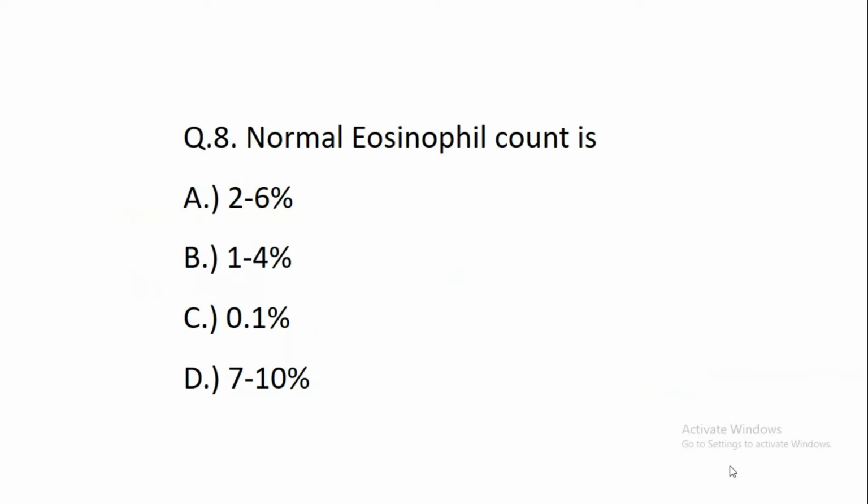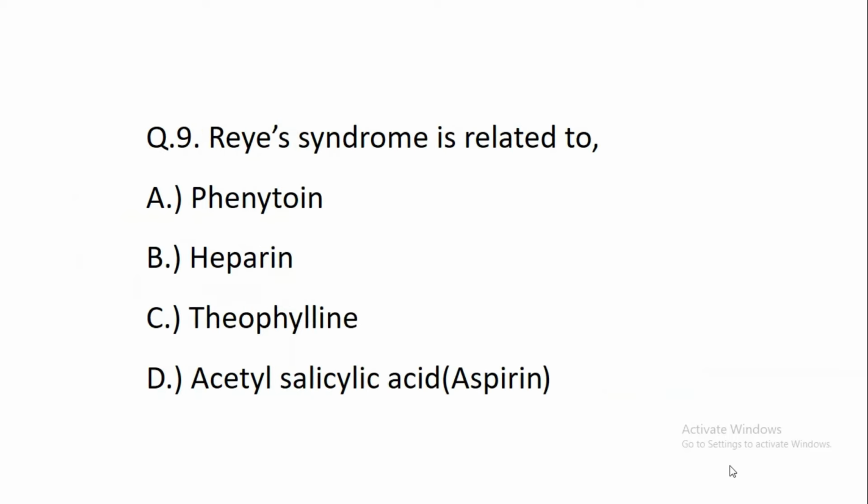Normal eosinophil count is A, 2 to 6%; B, 1 to 4%; C, 0.1%; D, 7 to 10%. The answer is 1 to 4%.